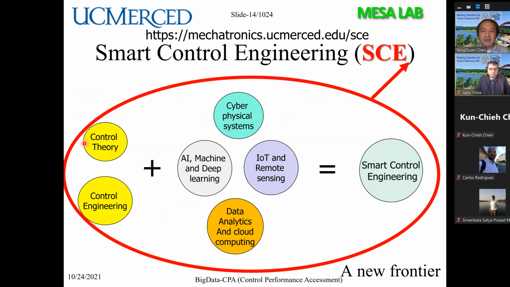How to do that? We suggest it's called smart control engineering. Basically, there are control theory and control engineering. Again, I want to draw the chemistry versus chemical engineering analogy. Control has two sides as well. Then we have all these new breakthrough technologies and capacities today in the Industry 4.0 era. So together, I think we should say something like this.